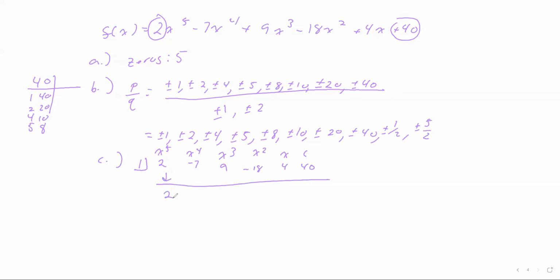All right, so let's get it going. 1 times 2 is 2. -7 plus 2 is -5. 1 times -5 is -5. 4 plus -5 is -1. 1 times -1 is -1. -18 plus -1 is -19. That doesn't give us 0. So let's try a different one.